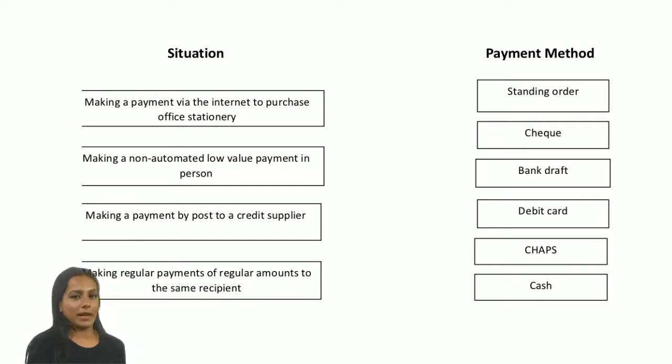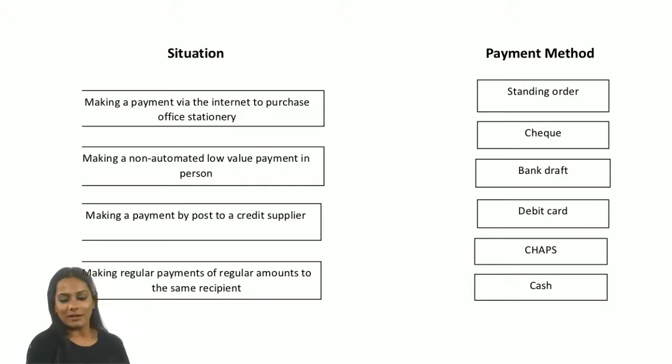If you're going to be buying on the internet, which I'm sure everyone does these days, you're probably going to be making a payment through a plastic card, so either a debit card or a credit card. Now, if you're going to be buying office stationery, I'm assuming that the amount is not going to be too much and there's no really any use of a credit card here. I think the best answer would be a debit card.